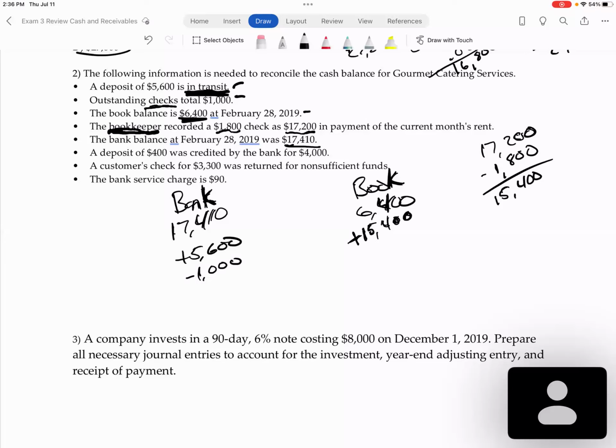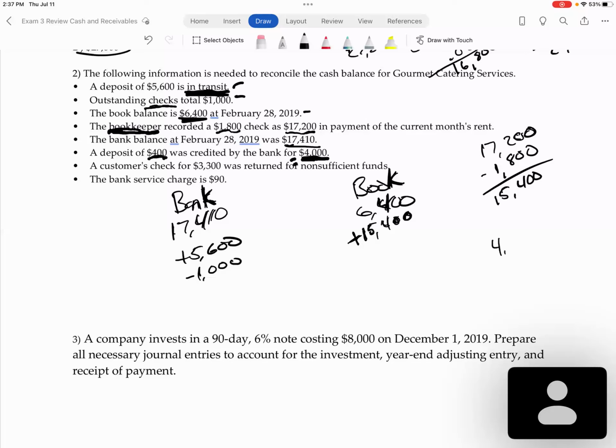Okay. So there's a bank balance. Now a deposit of $400 was credited by the bank for $4,000. Okay. So now this is the bank that screwed up here. So we deposited $400 and they made a mistake and instead deposited $4,000. Okay. The bank always gets their money back. Just be aware of that.